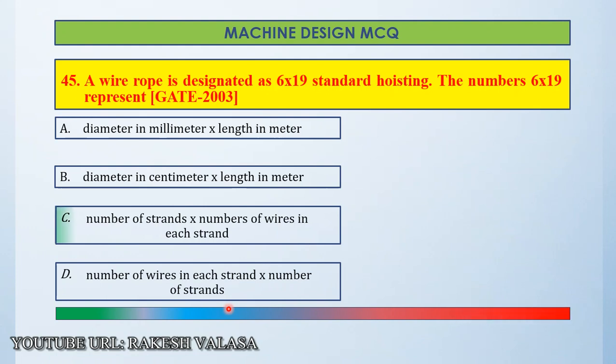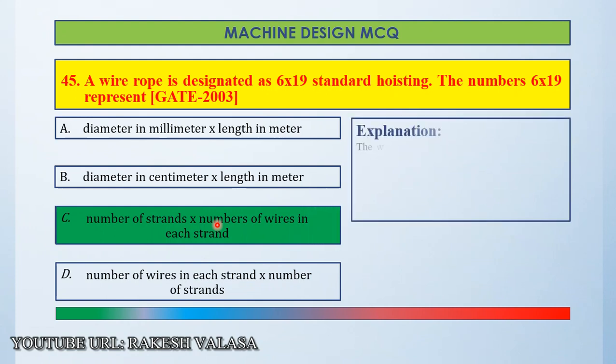The correct answer is option C number of strands into number of wires in each strand. Let us see the explanation.